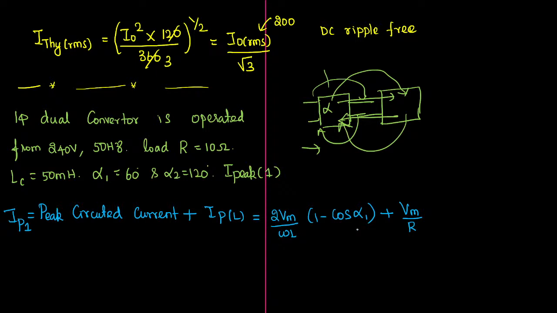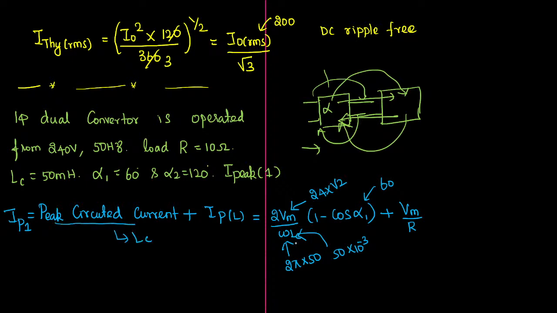That's all. Now the value of alpha is already given, that is 60 degree. Maximum voltage: it is given as RMS voltage, so you can substitute 240 into root 2. Frequency omega is 2 pi f. F value is given as 50 Hz. Inductance L, the circulating inductance, that value is also given, that is 50 millihenry. You can directly substitute 50 into 10 power minus 3. So this is the peak circulating current, and its corresponding inductance is the circulating inductance.